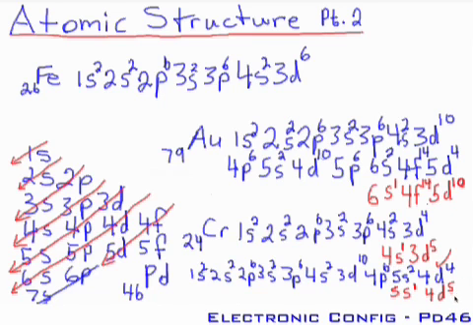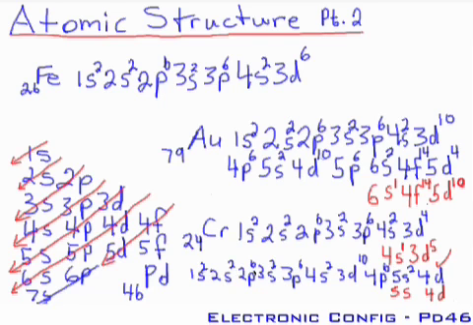Okay, let's do some erasing. If I follow my diagonals, I'll get the 1s, the 2s, 2p, 3s, 3p, 4s, 3d, 4p, 5s, 4d. I fill them in: S is 2, P is 6, S is 2, D is 10, P is 6, 2. If I add this up, what do I get?